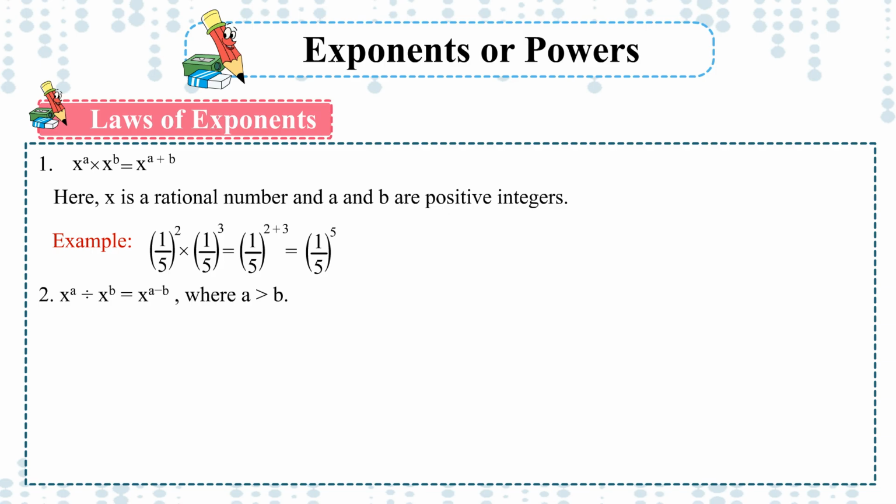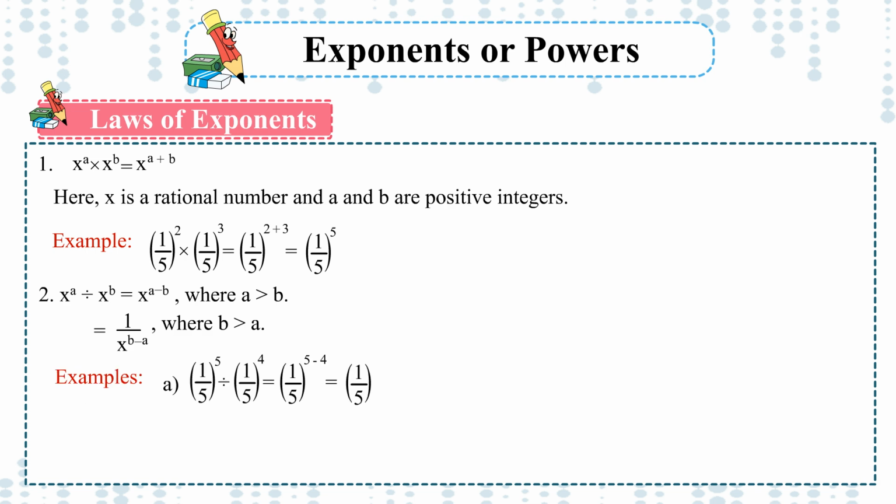2. x raised to the power a divided by x raised to the power b is equal to x raised to the power a minus b, where a is greater than b, and is equal to 1 upon x raised to the power b minus a, where b is greater than a.